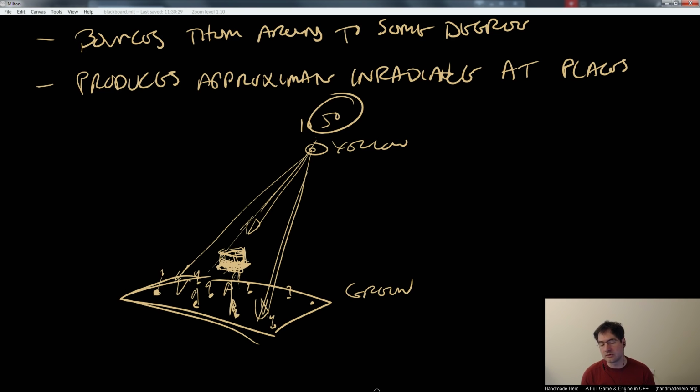Because what I could do, for example, is every frame on the CPU, I could do some ray tracing to spread out my lights to various parts of the scene in a homogeneous way. And then I could treat each of those as a point that I then render into my cube maps.